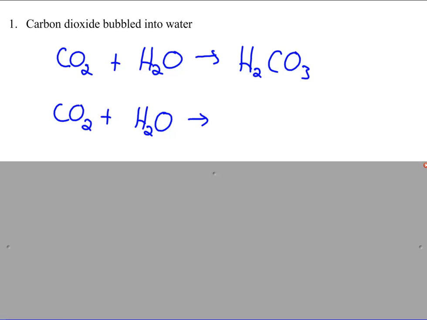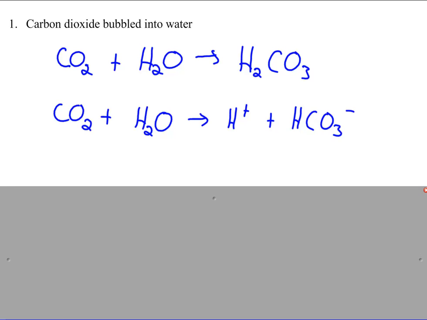Turns out carbonic acid is going to ionize and form one hydrogen ion and a bicarbonate ion. How would I know that? Well, lots of experience. The other way that you could conceivably write it, if you weren't aware that it breaks apart this way, is to say that I have two hydrogen ions and I have a carbonate ion. Either is acceptable. If you're writing net ionic equations or total ionic equations for the AP test, either of those would be accepted.